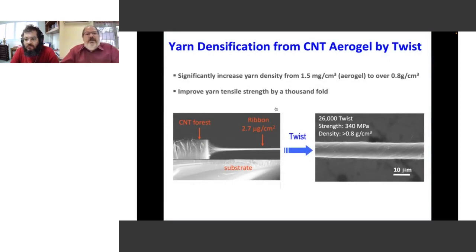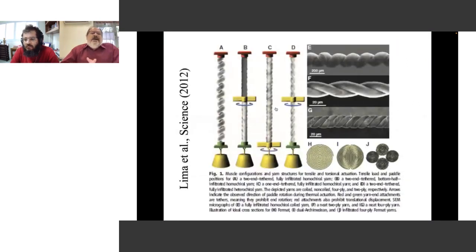If you twist, you can make the yarn. And these are really, really cool materials. This is an example of an application of this yarn. For instance, if you insert these yarns into liquid paraffin, you can create an artificial muscle that's 200 times stronger than our natural muscle. It can lift 10,000 times its weight.